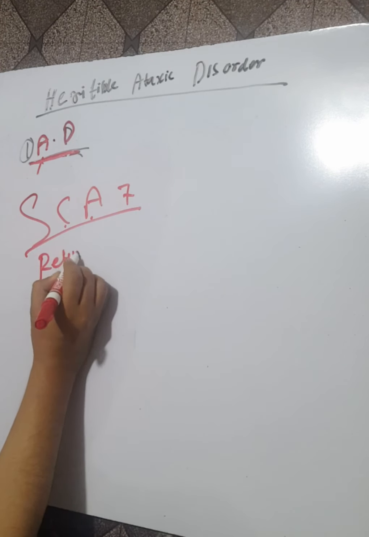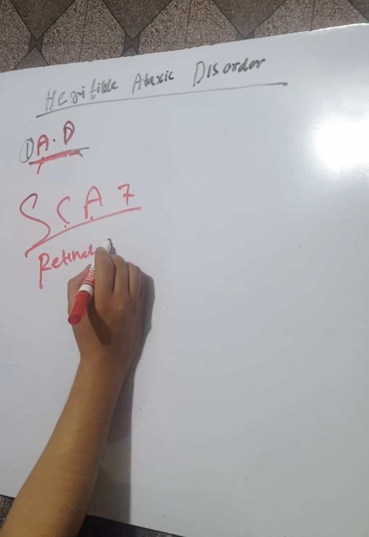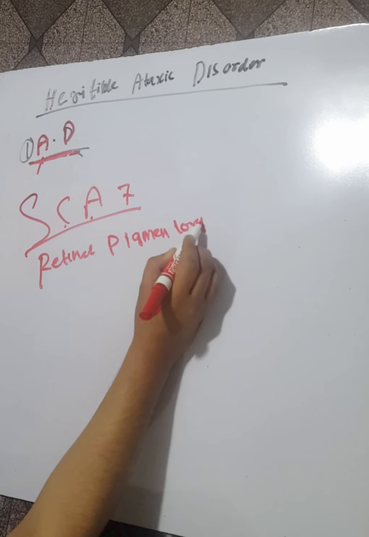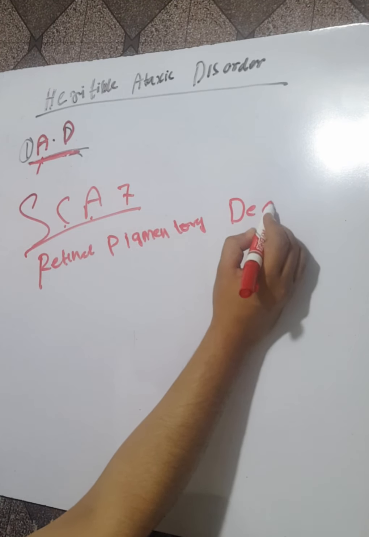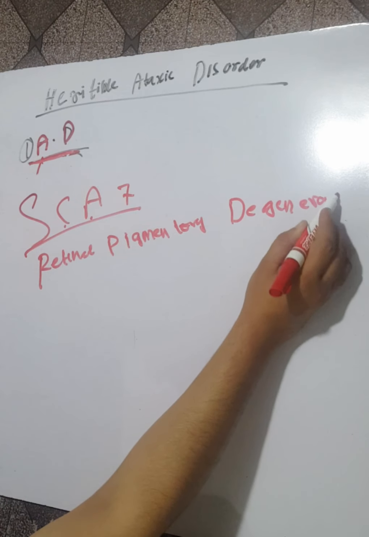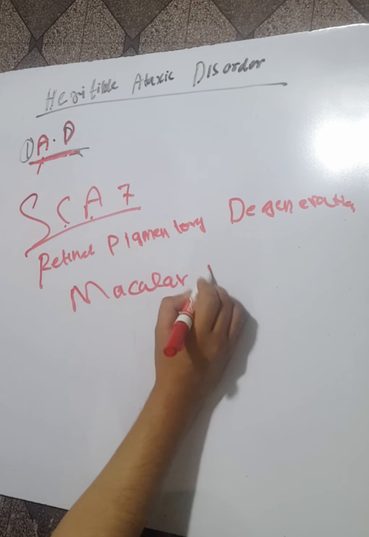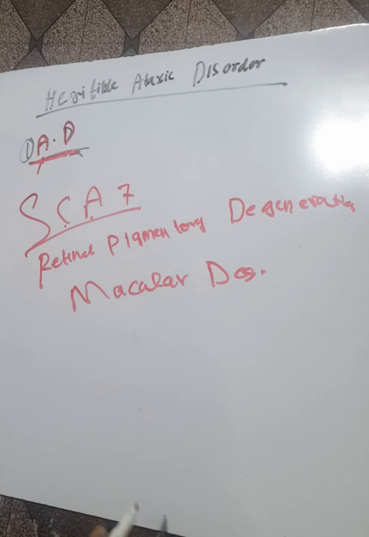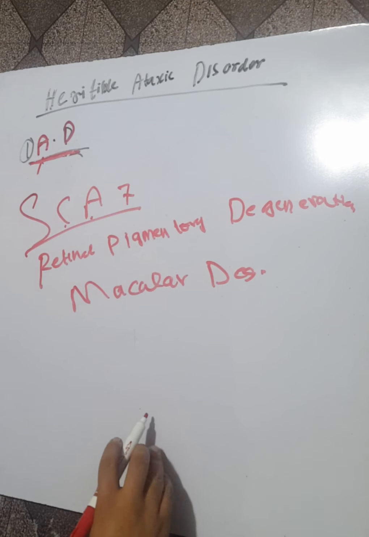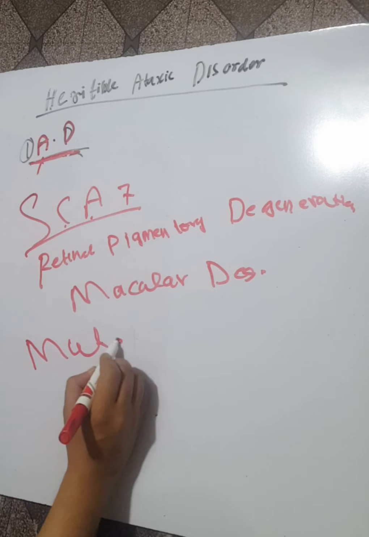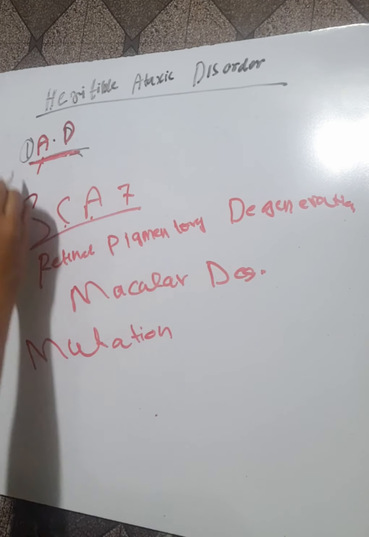SCA7 occurs due to a CAG repeat sequence mutation. This is an autosomal dominant disease.